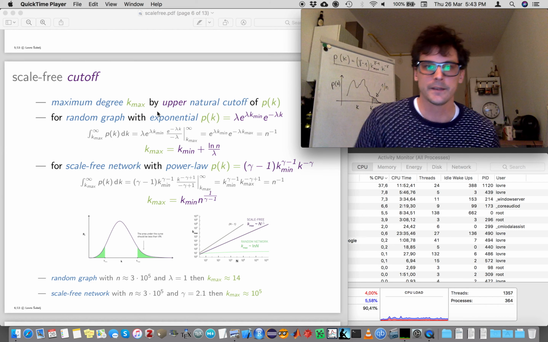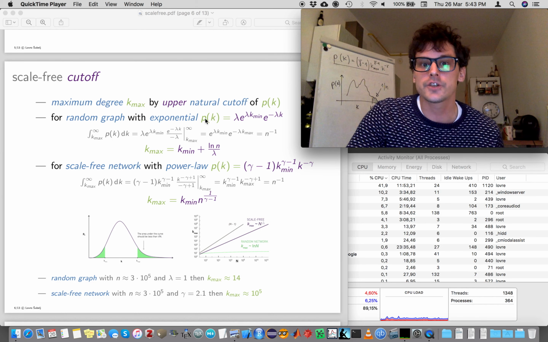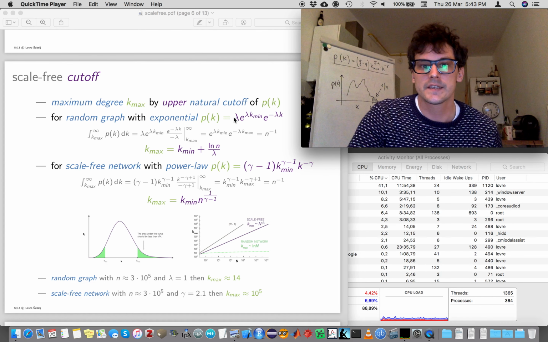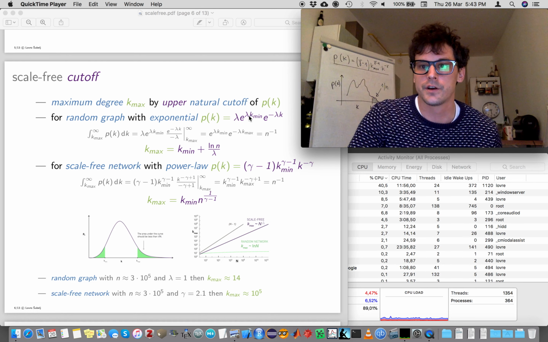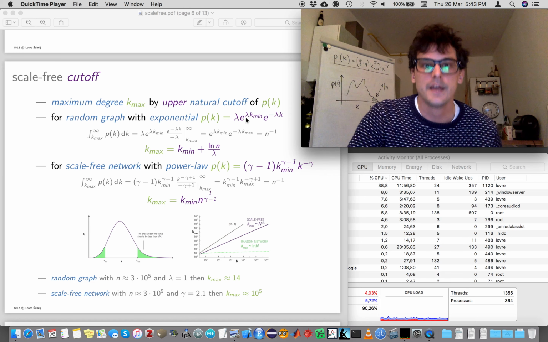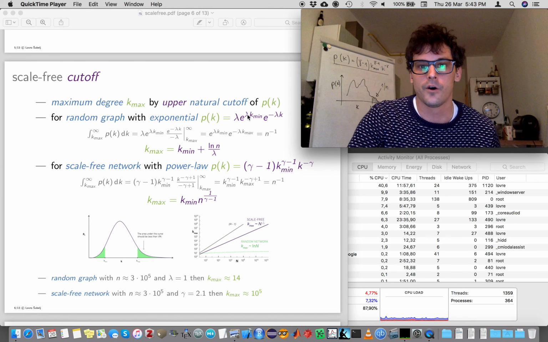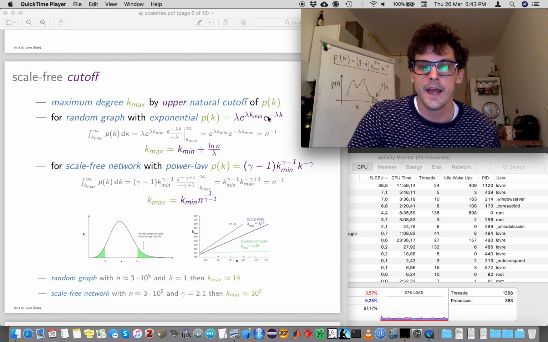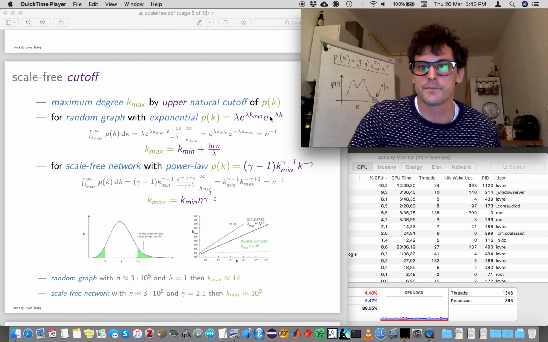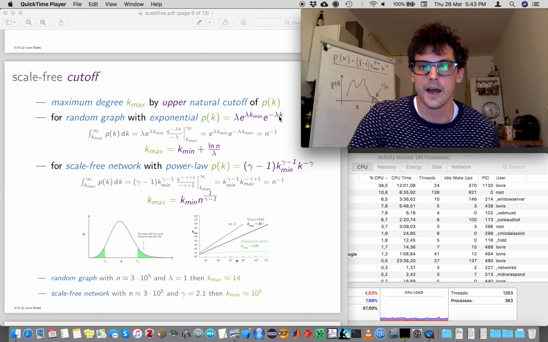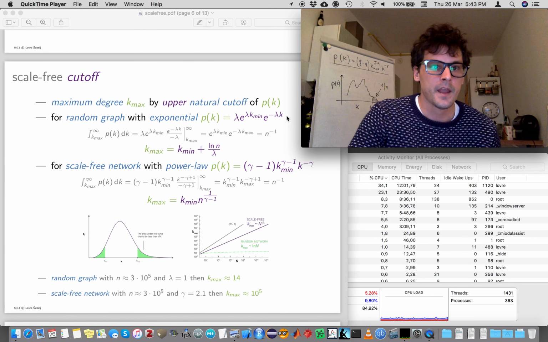So let's do that. An exponential degree distribution will be some parameter gamma times the exponential function of some parameter lambda times k sub min, and times the exponential function of minus lambda times k.